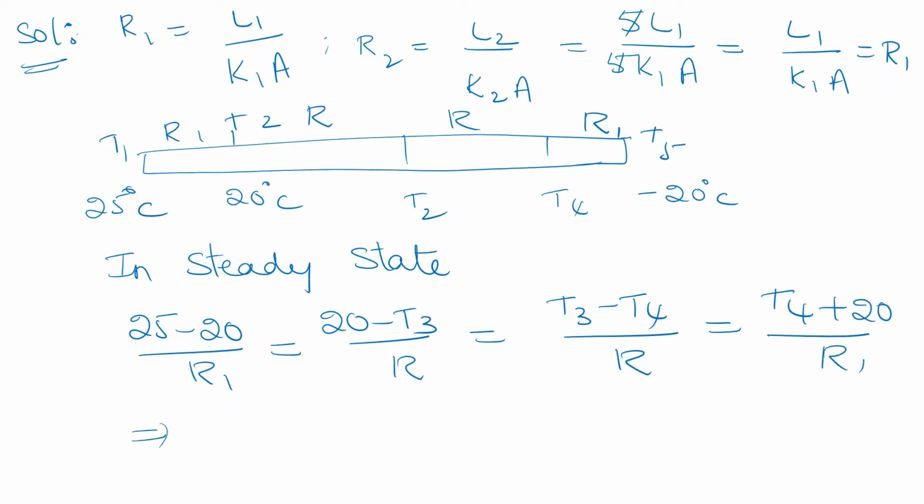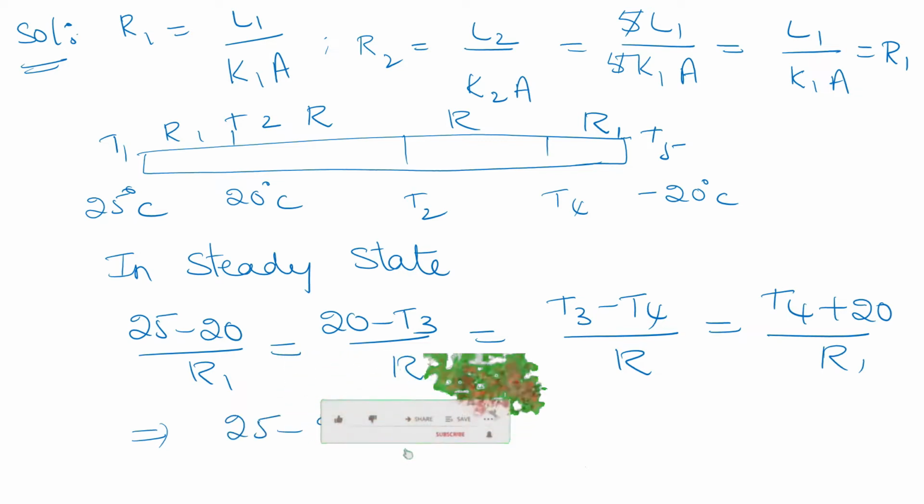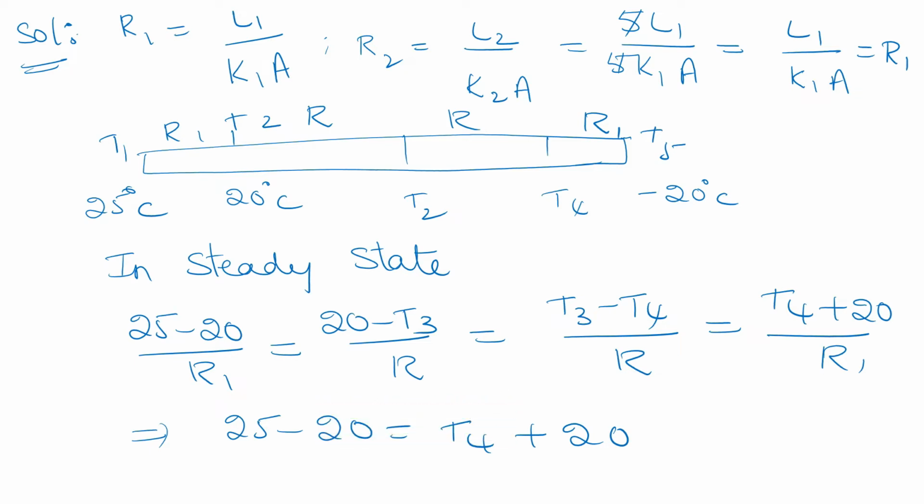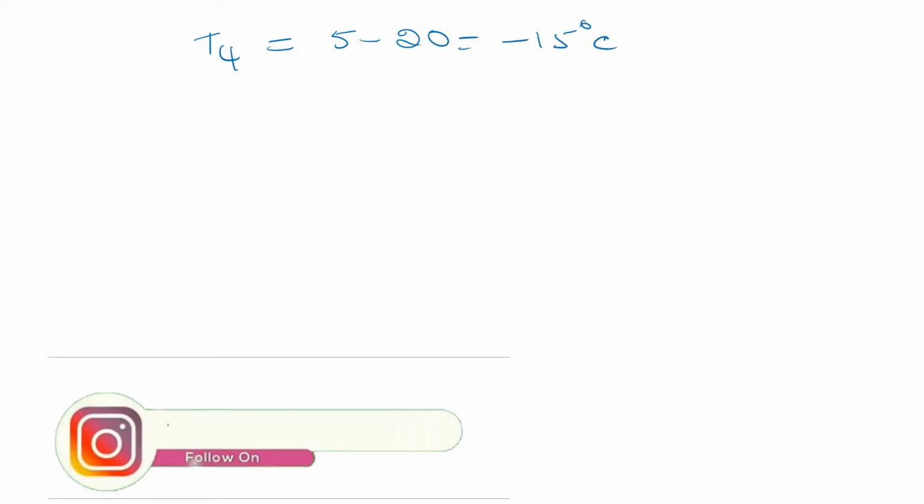So from this, R1 gets cancelled. So 25 minus 20 is equal to T4 plus 20. T3 and 20 get cancelled. So finally 25 minus 25 is equal to T4 plus 20. Next, T4 is equal to 5 minus 20. We are getting minus 15 degrees centigrade.